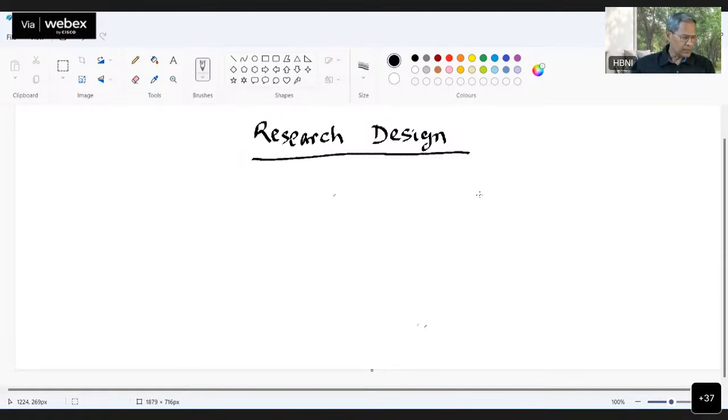In research philosophy, to understand more clearly, we'll discuss a few terminologies. One of them used in research philosophy is called ontology. Ontology means: what is reality?